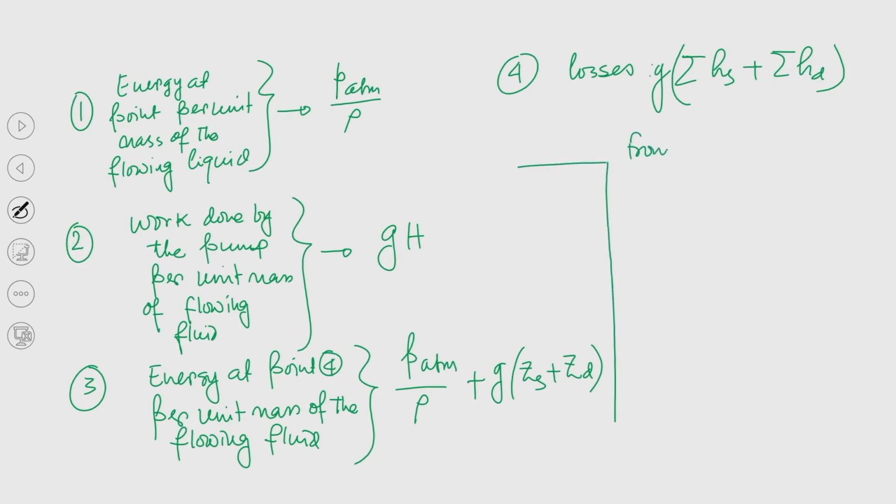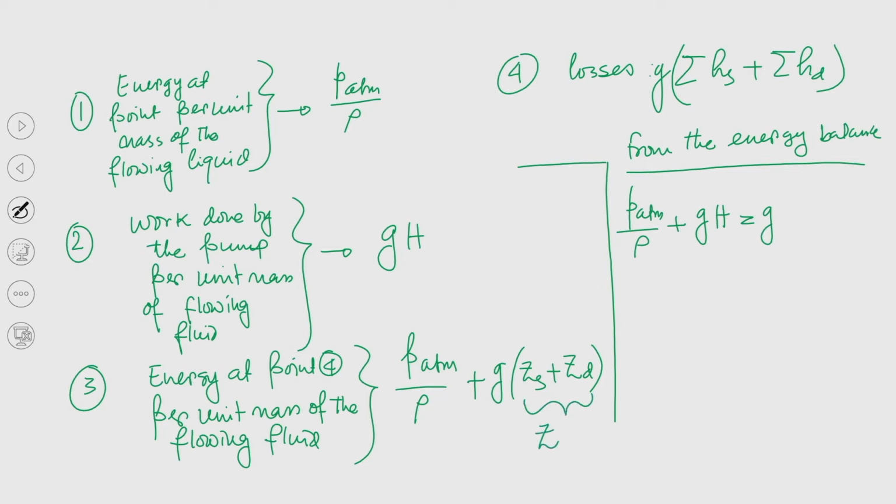From the energy balance we can write P ATM by rho plus G into H equal to G into Zs plus Zd, let us say this is total Z, so Z plus P ATM by rho plus G into Hs plus Hd.